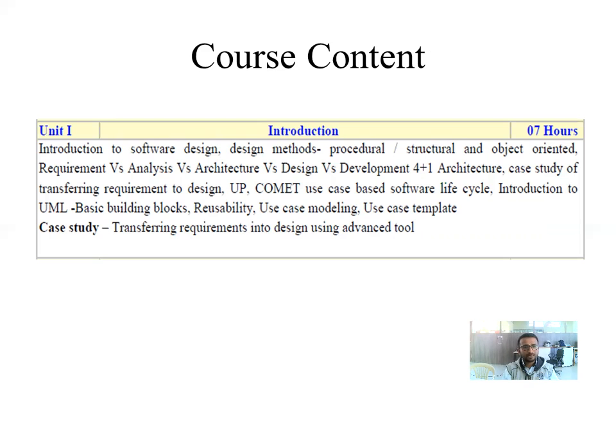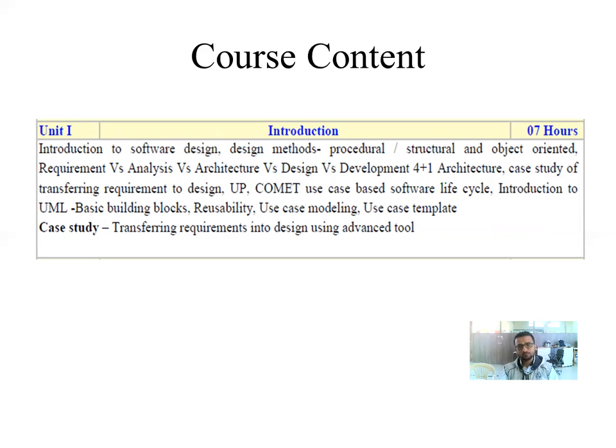Then we are going to have requirement analysis and architecture. So all these differentiations between requirements, analysis, architectures, designs, and development, that differentiation we are going to learn in this first unit.